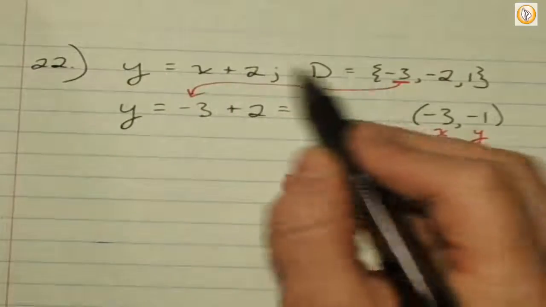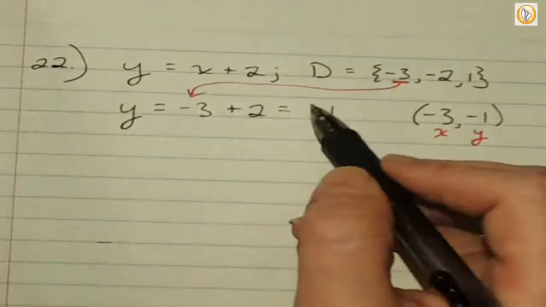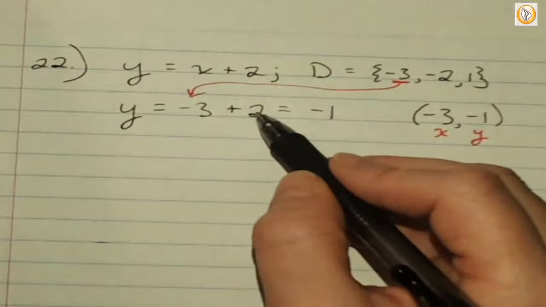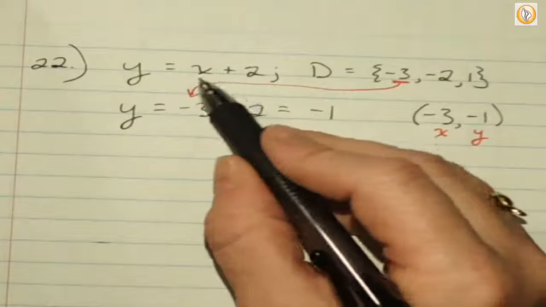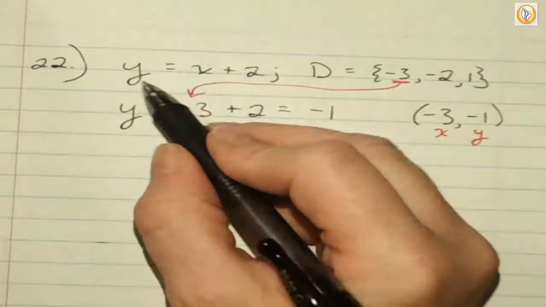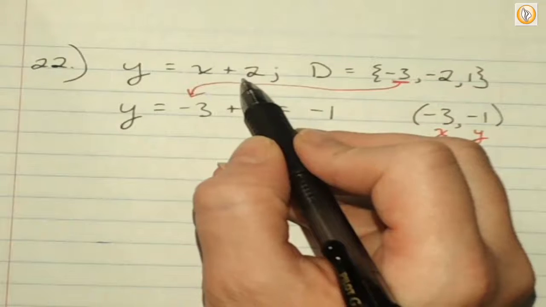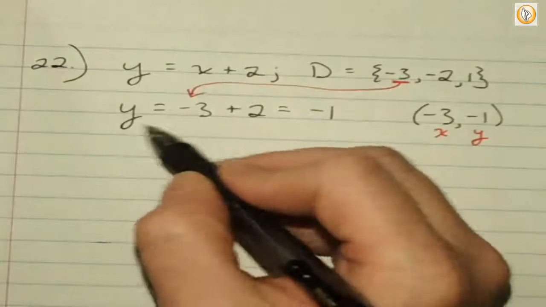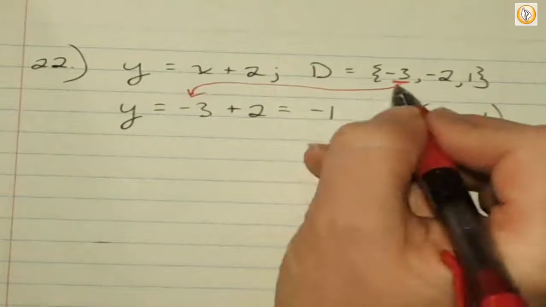This is what they gave you. Where did you get the 2 from? Look at your book. Look at number 22. What do you see? Y equals x plus 2. Do you see that in your book? Yes, ma'am. That's your equation. Oh, okay. I was looking at the negative there.